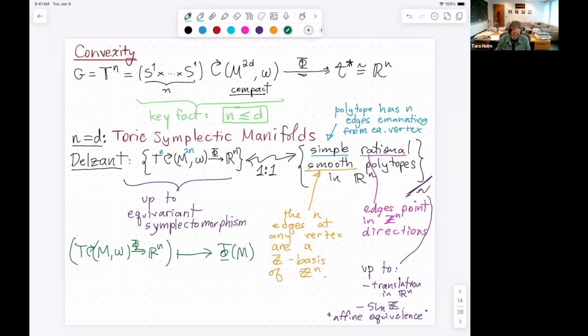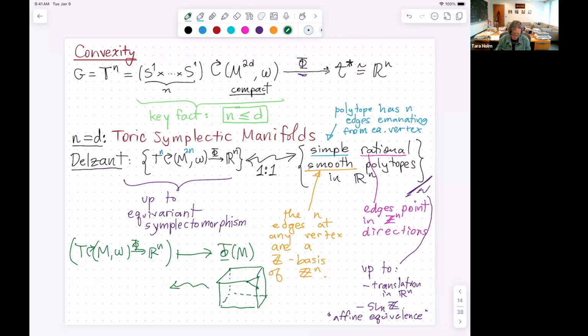And in the other direction, given some polytope, say in R^3, I can construct a symplectic manifold whose moment image is this polytope.